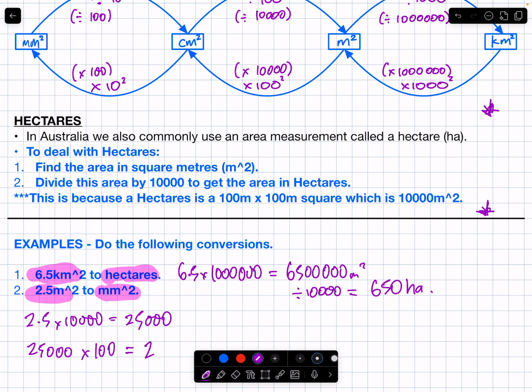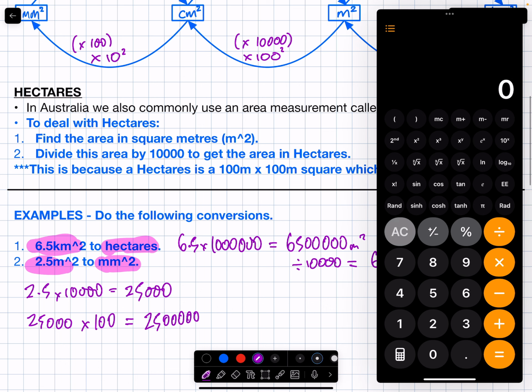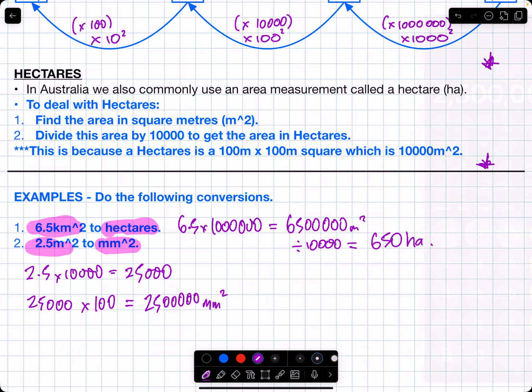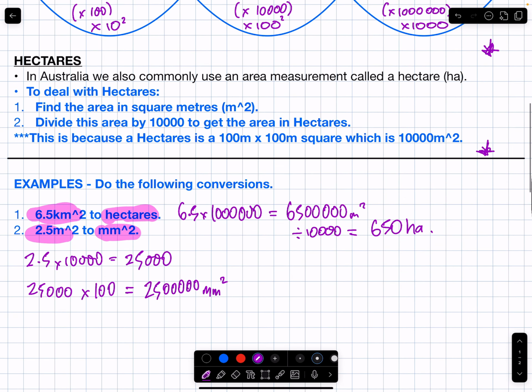Add 2 more zeros, 2,500,000. Double check that. 2.5 times 10 grand times by 100. 2.5 million square millimeters. Okay, hopefully that video helps you out, and I'll see you in the next one.